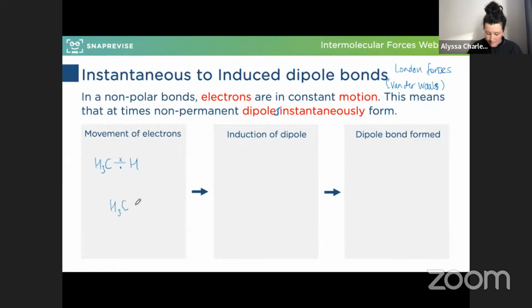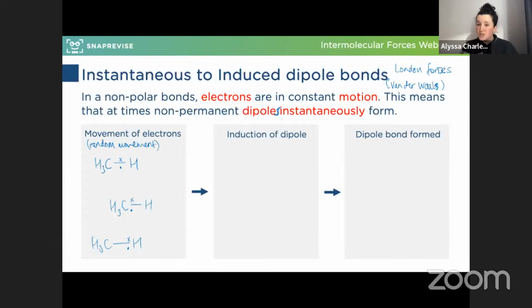However, every now and again, they might be slightly towards one side, perhaps. Although we show electrons being in bonds, there is free movement. They can exist within the bonding orbitals wherever they want, which means they are moving around. They are constantly moving. And at any one point, both of the electrons could be over one side of the molecule, or conversely, they could both be over the other side of the molecule. And that can happen randomly. This is a random movement.